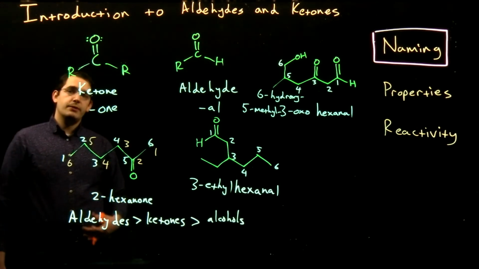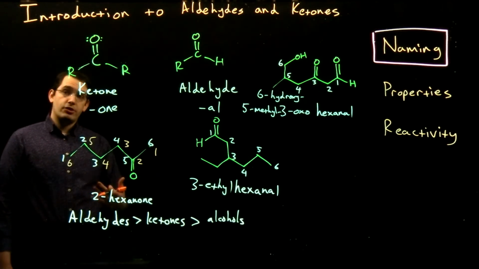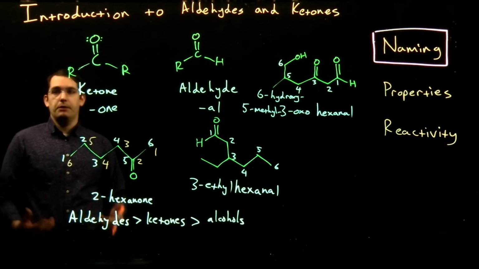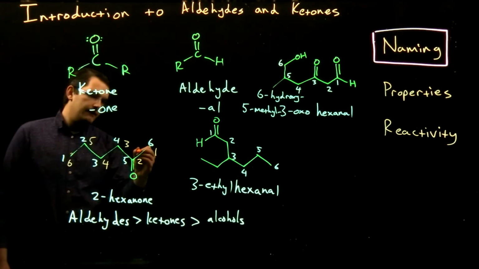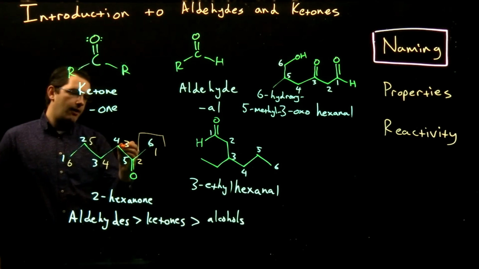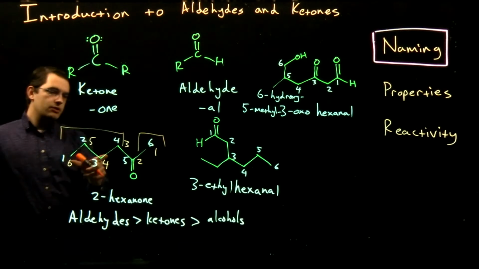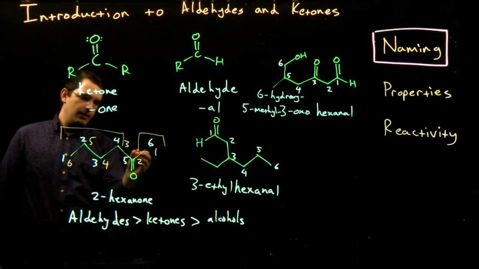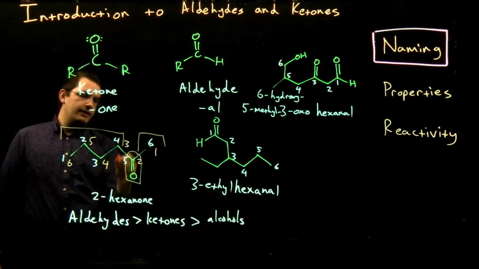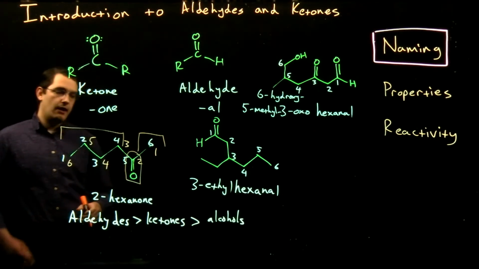For our ketones, we do occasionally see a functional class nomenclature as well, similar to what we've seen previously for ethers. So in this case, we would separate out our molecule as basically two different alkane chains on either side of our ketone. So we can look at our ketone right here, and then name each of these on either side.